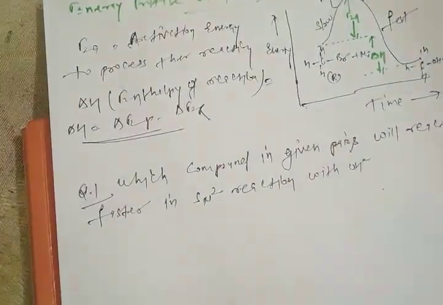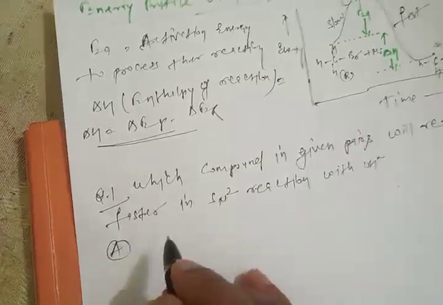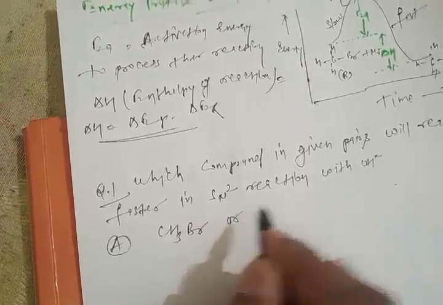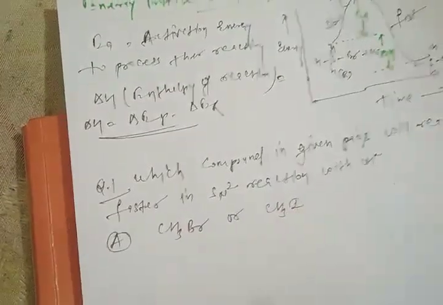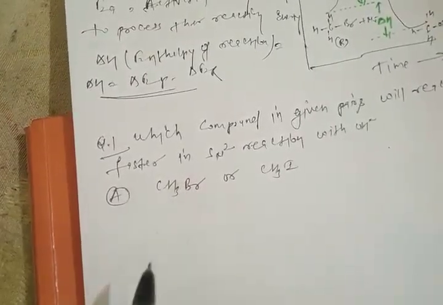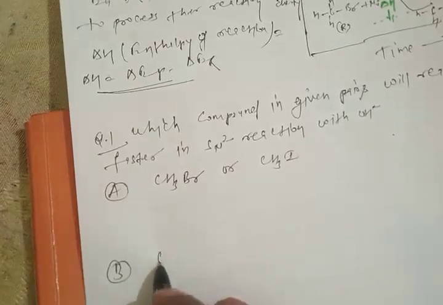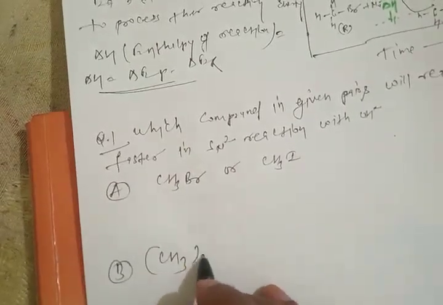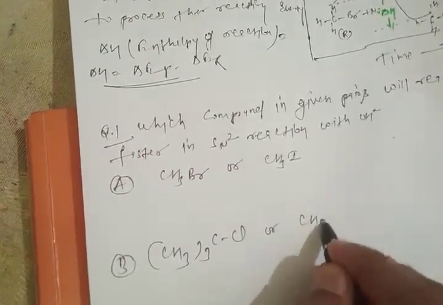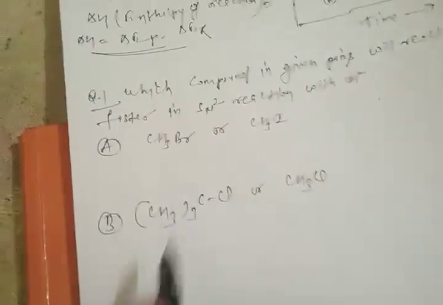This is the base. The pair you have been given, let's say A, is CH3Br or CH3I. You have to mention the reason which one is capable of giving SN2 reaction faster. And the second pair you have been given is (CH3)3CCl or CH3Cl. So these are the two questions for you.